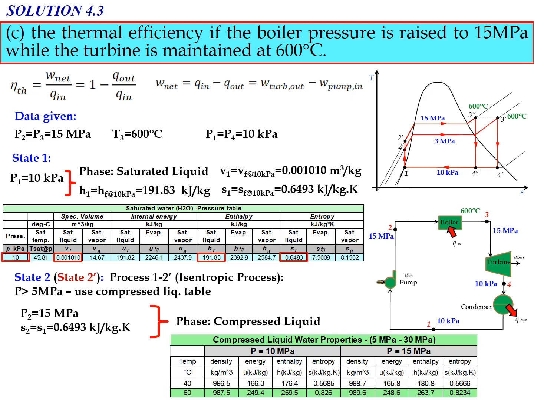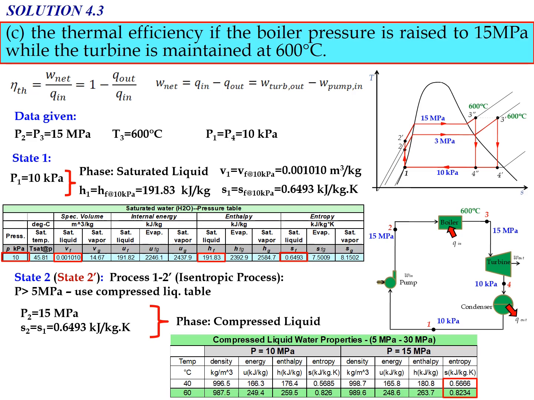Use the compressed liquid table at 15 megapascal, and you need to find the location of the S2 value in the table. The value will be in between 0.5666 and 0.8234.